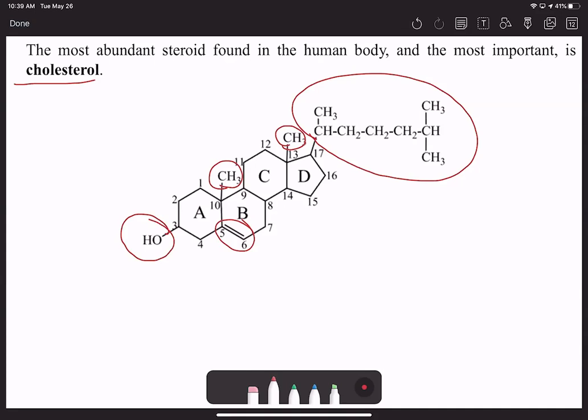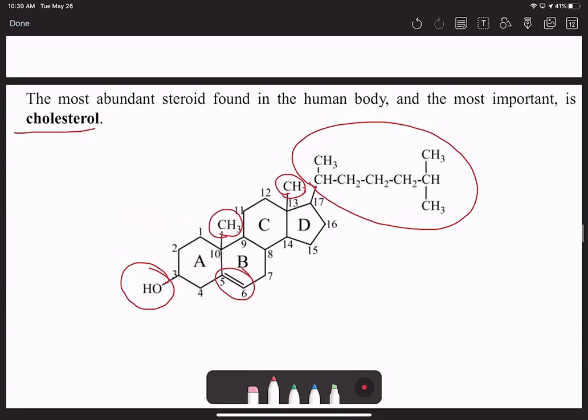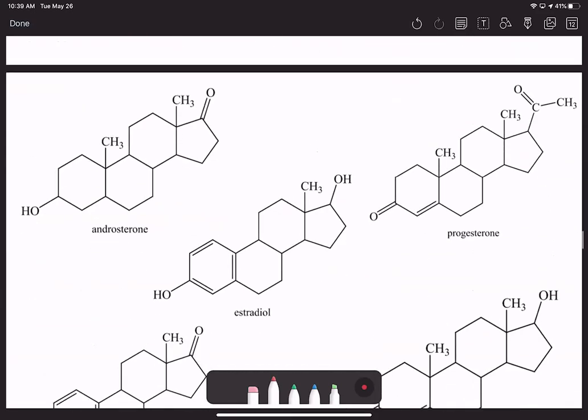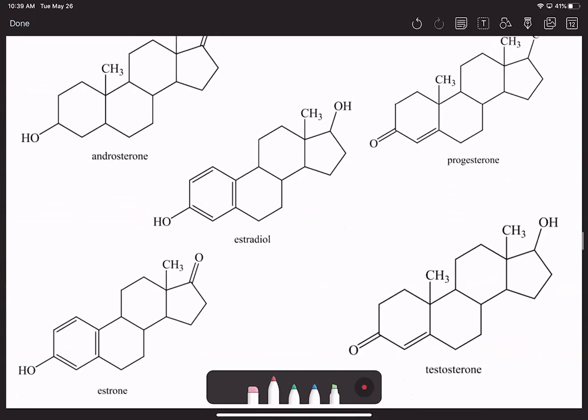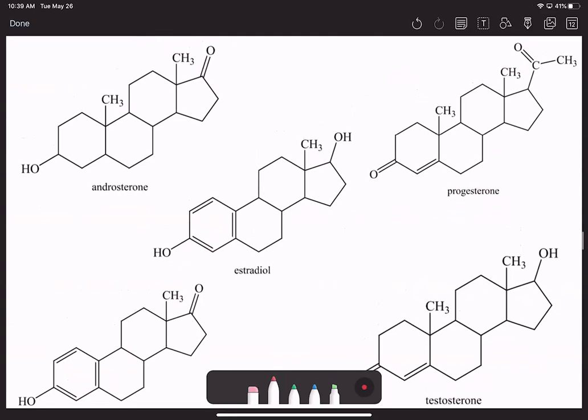So you don't have to memorize the structure of cholesterol, but you do need to know that cholesterol is a steroid. So some more steroids that we have, right? Androsterone, progesterone, estradiol. We have estrone, testosterone. And we'll notice, right? Here's a ketone structure.